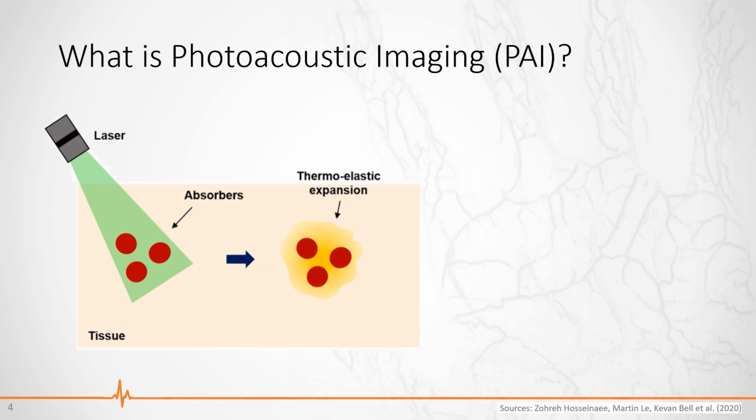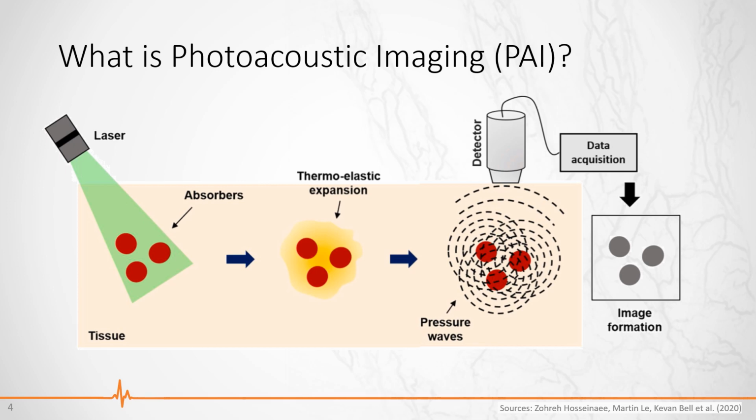Due to the fast heat uptake, it comes to thermoelastic expansion, which travels as an ultrasonic pressure wave through the sample. Now we can set up detectors like in conventional ultrasonic imaging and reconstruct the structure of interest from the time delay of the waves and their intensity.